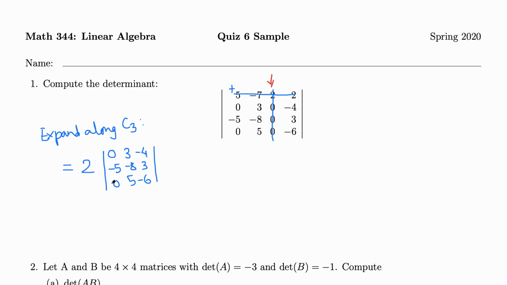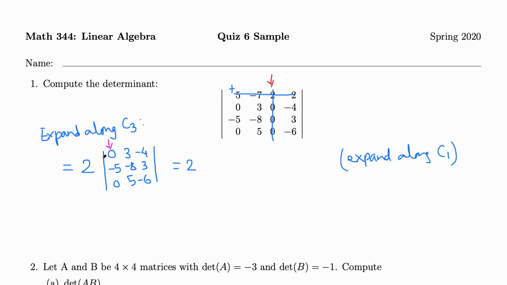Now we still need to determine this determinant of a 3 by 3 matrix. So again, we want to expand along a row or column, and obviously 0, negative 5, 0, so we want to expand along the first column. So this is 2 outside, and we are expanding along column 1.